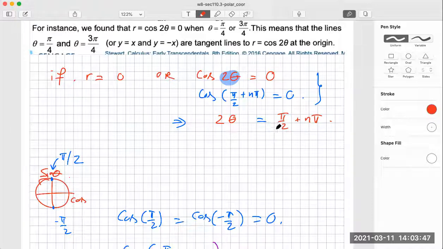If 2 theta is equal to pi over 2 plus n pi, what does it mean? Can we isolate theta? Yes. We divide both sides by 2. It gives us pi over 4 plus n pi over 2, right?